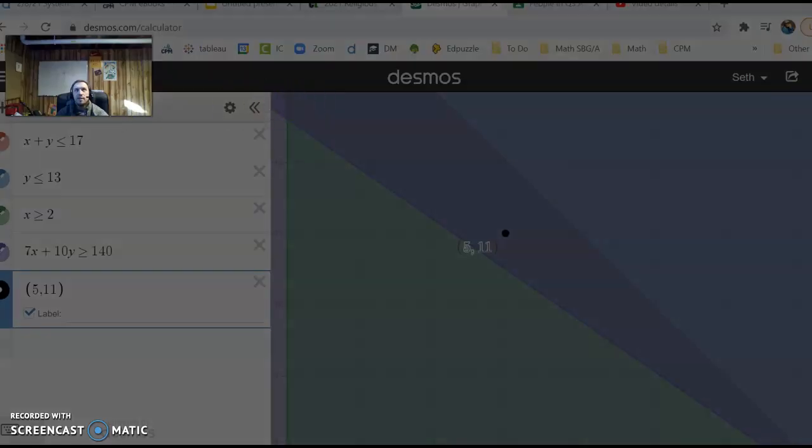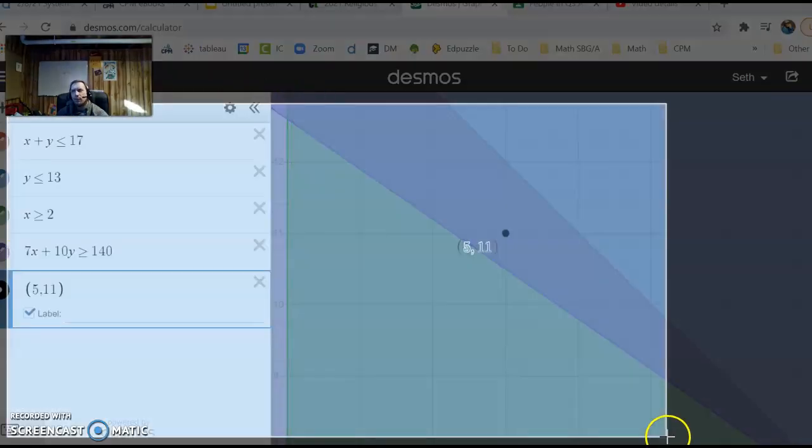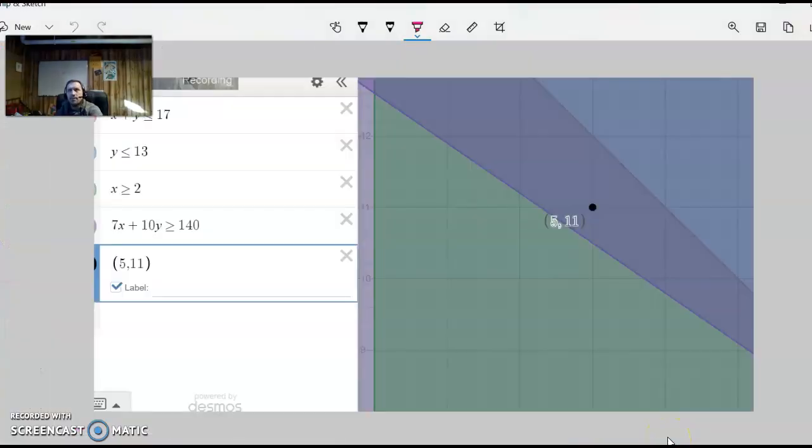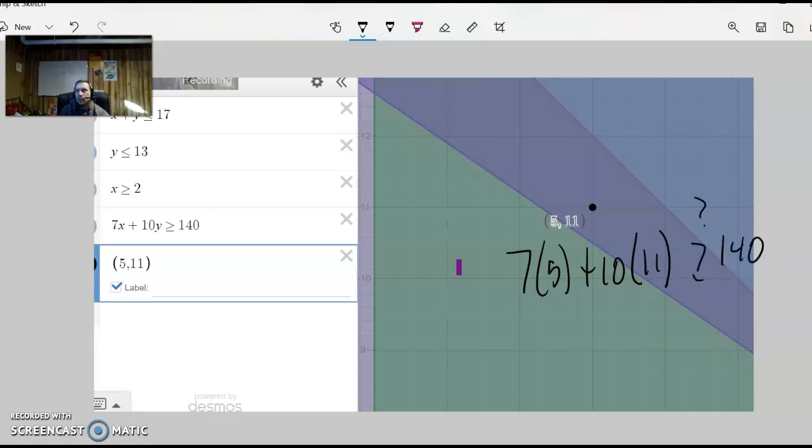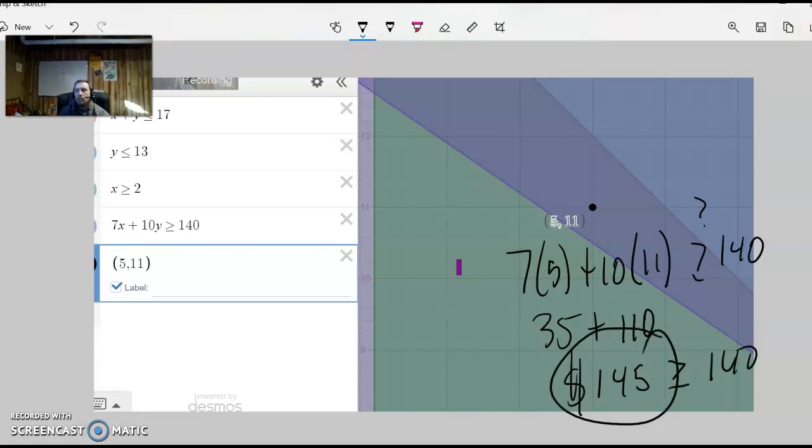I'd take my money equation: 7 times 5 plus 10 times 11, is that greater than or equal to 140? Well, we get 35 plus $110. That's $145. Yes, we would make enough money to pay the bills.